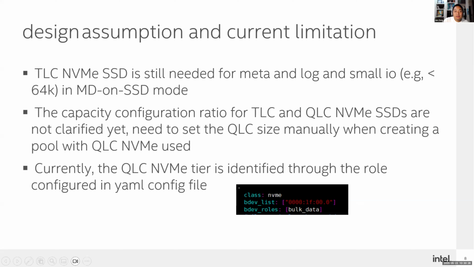For the use case here, we suppose that the TLC is small and the volume is mainly QLC. So we need to identify the specific use case or scenario to confine the volume ratio.